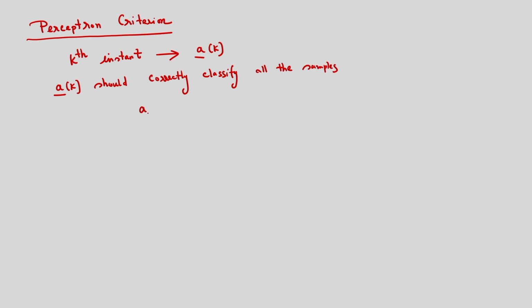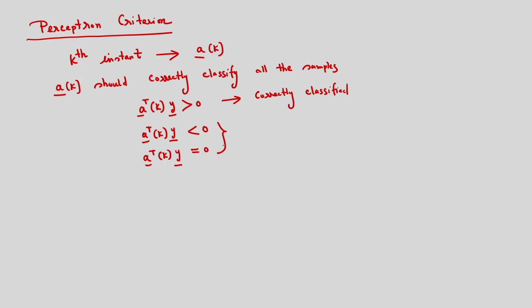So that means a transpose k, already I told you k is the iteration number. If a transpose k y is greater than 0, that means correctly classified. If a transpose k y is less than 0, or another condition, a transpose k y is equal to 0, for these two conditions the samples are not correctly classified.